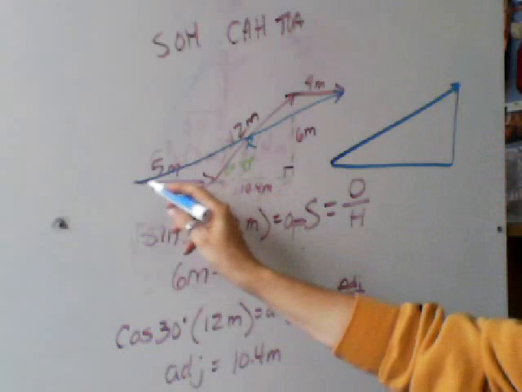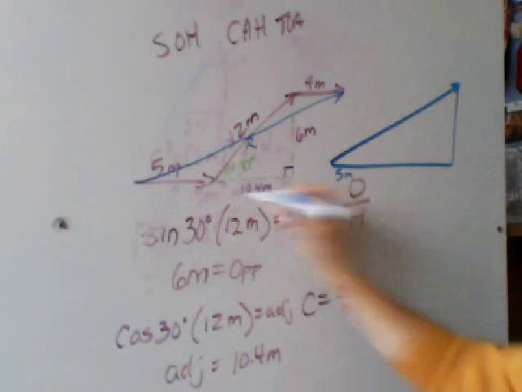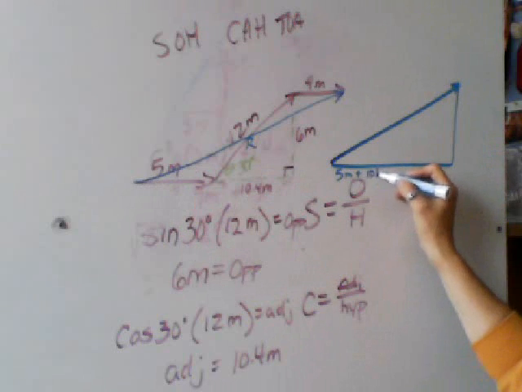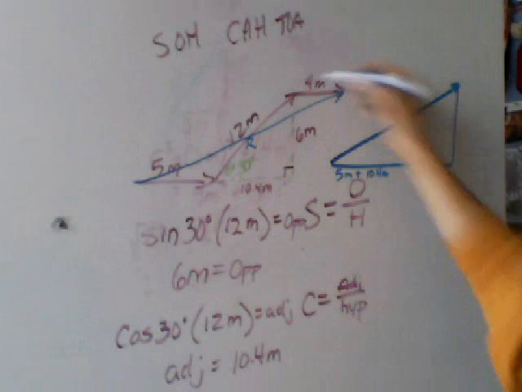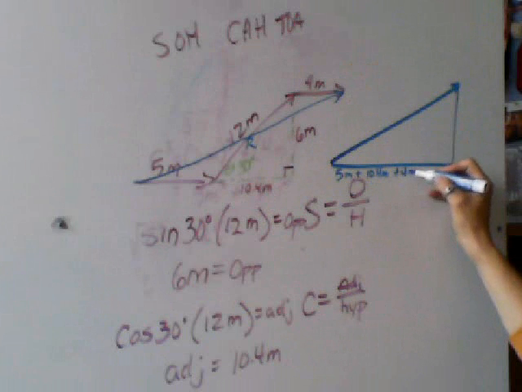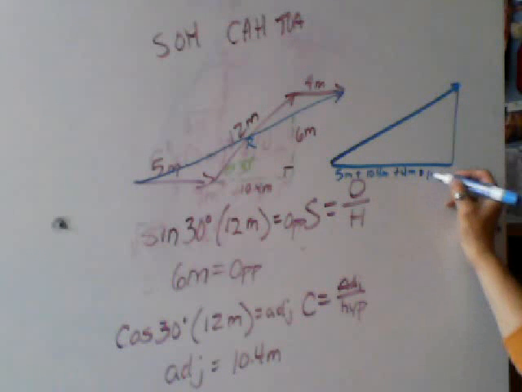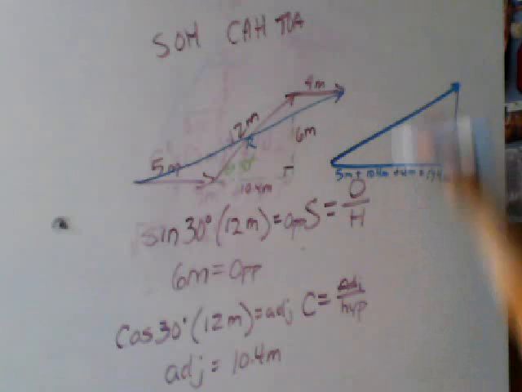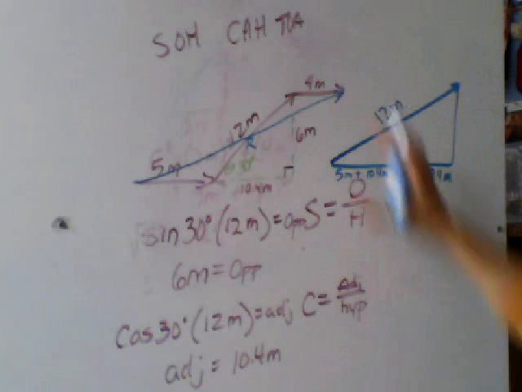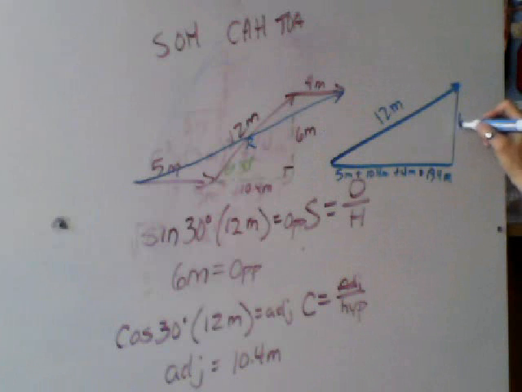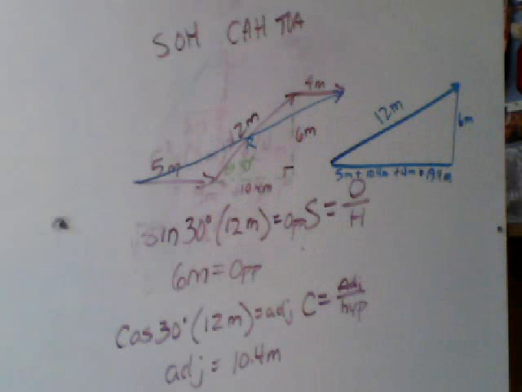Well, we know that the bottom side is 5 meters plus our 10.4 meters that we just determined is the side of this right triangle, plus the 4 meters at the top, so that we know that the base of this triangle now is 19.4 meters. We know that this was 12 meters because that was a given, and we can determine that the height of the triangle is still 6 meters, the same as the height of this triangle that we determined over there.